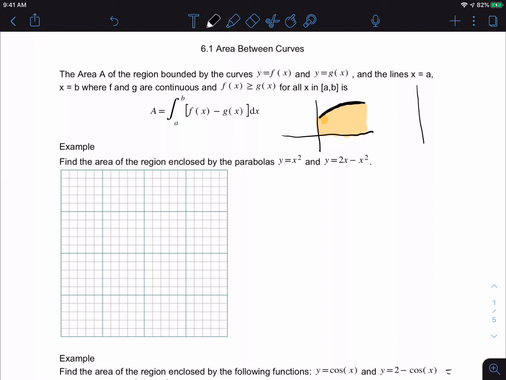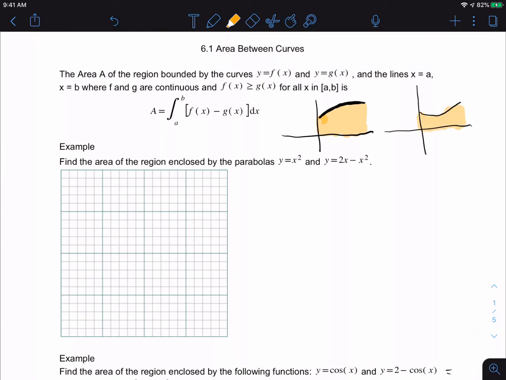Now, if I have another function on that same graph, I'm just drawing it on a different graph so you guys can see what's going on, and I did this to it, it's also going to find the area under the curve.